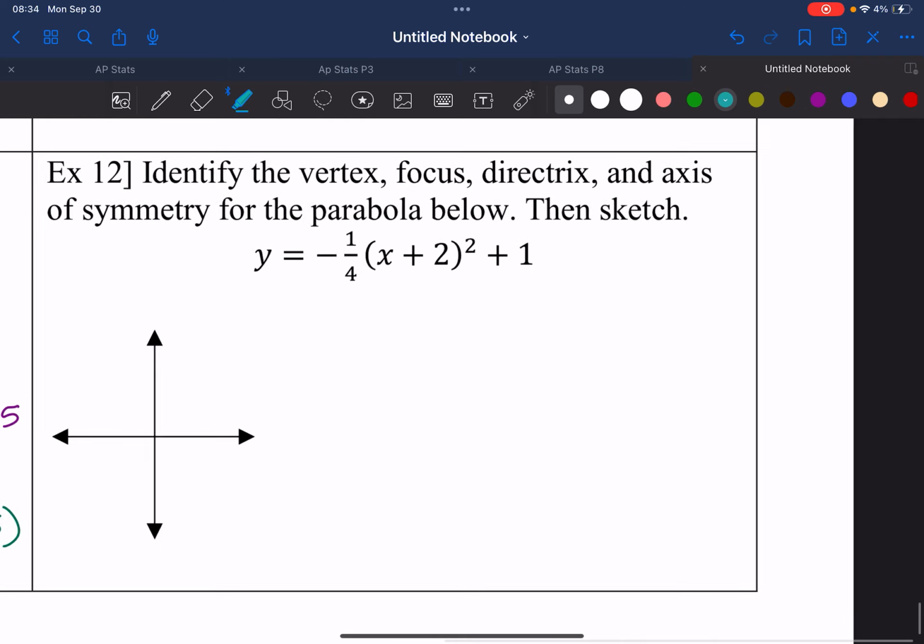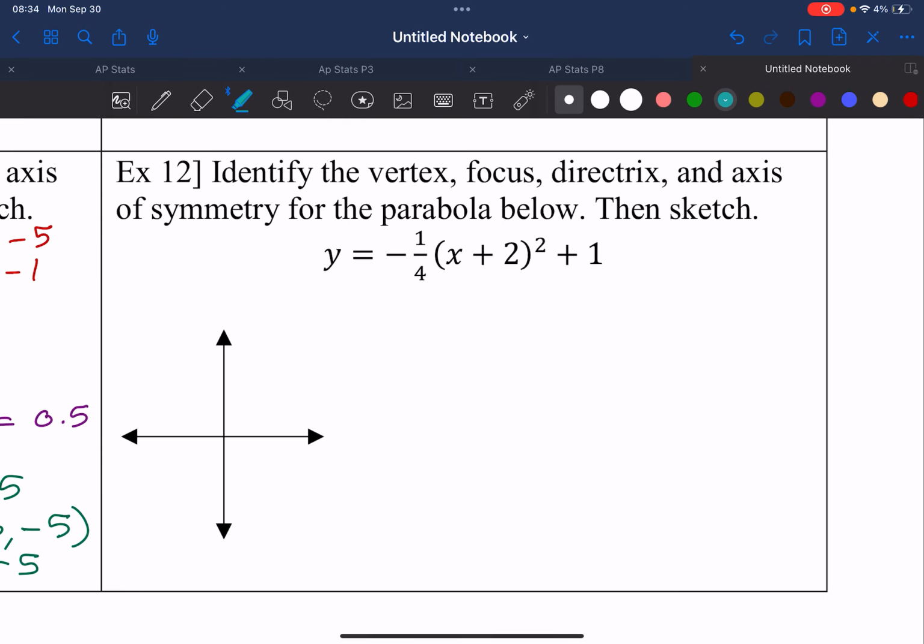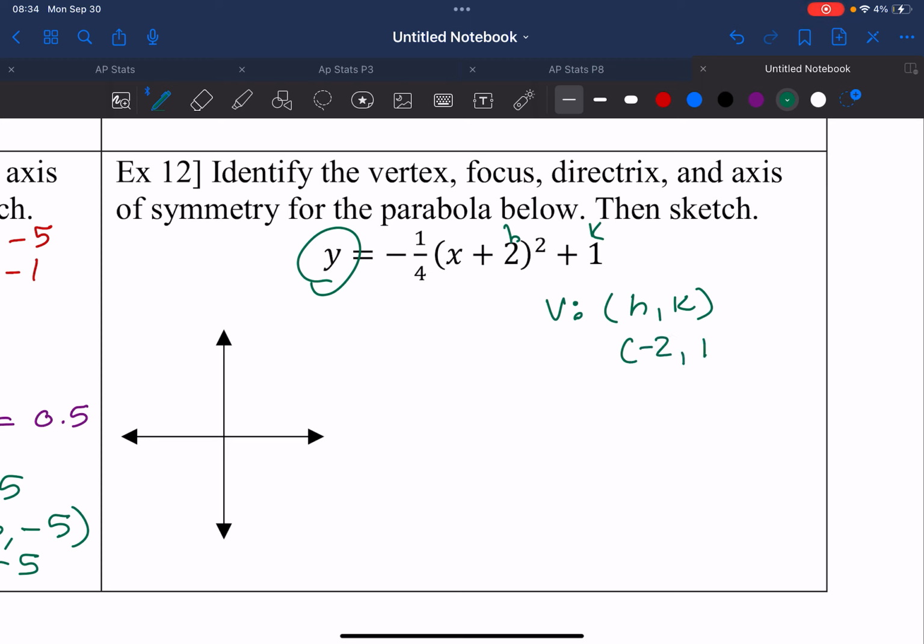And then last example, we have number 12. So now that we're starting with y equals, we know that this is hk. So our vertex h comma k is going to be negative 2, 1. Okay. Since this is negative, we know it's going down, which means our focus point has to be somewhere over here, and our directrix has to be somewhere over here.